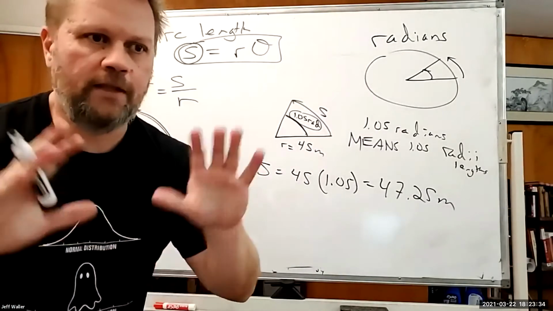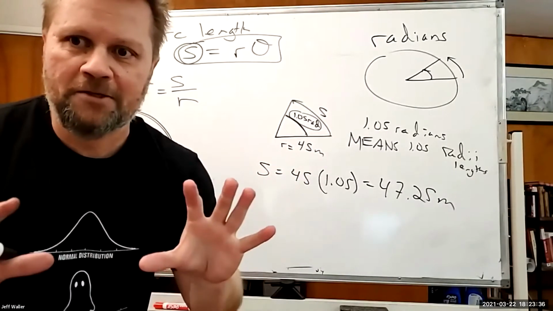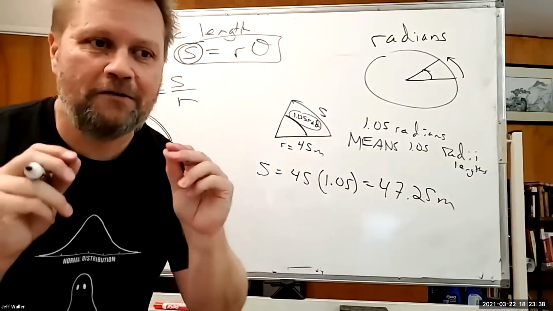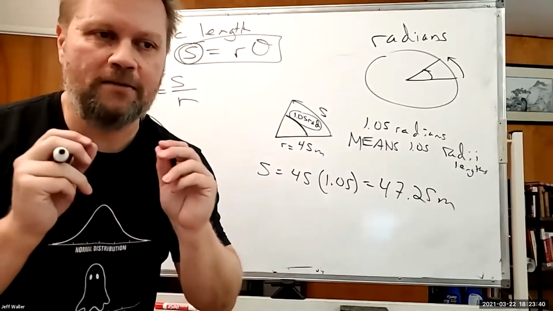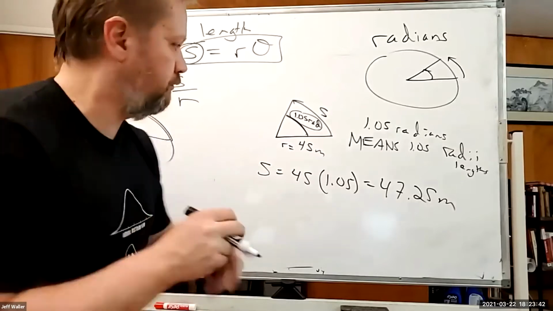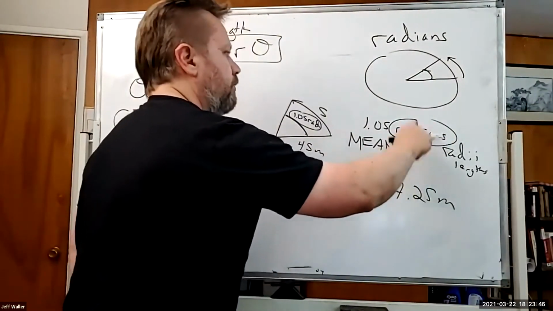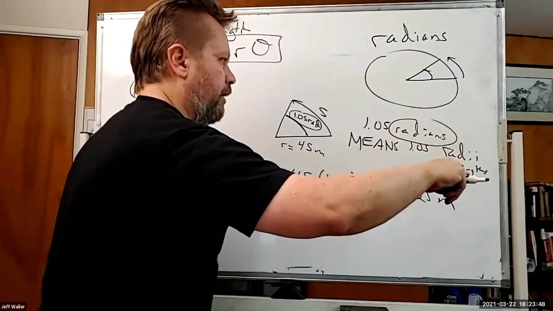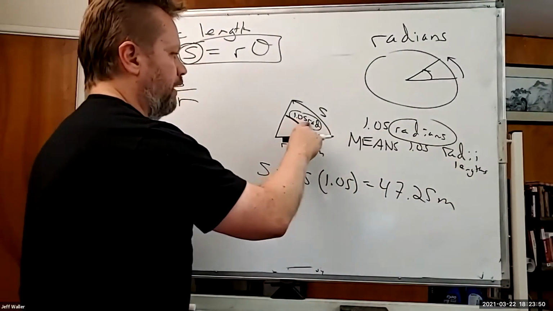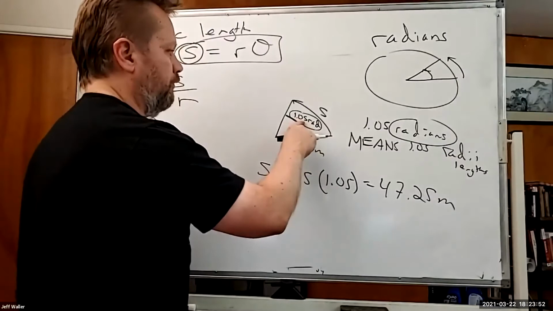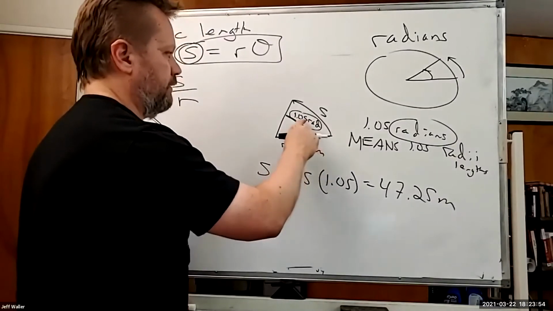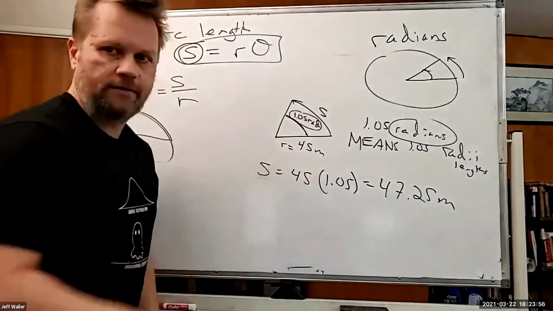Okay. I feel like I've lost everybody. Damn it. It's a very, very simple idea. It's actually a different way to teach where the formula comes from. But if radian means the number of radii, then what does 1.05 radians mean? 1.05 times 45, because it's 1.05 of these.